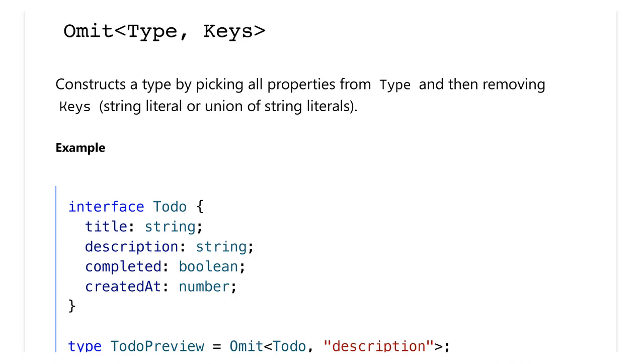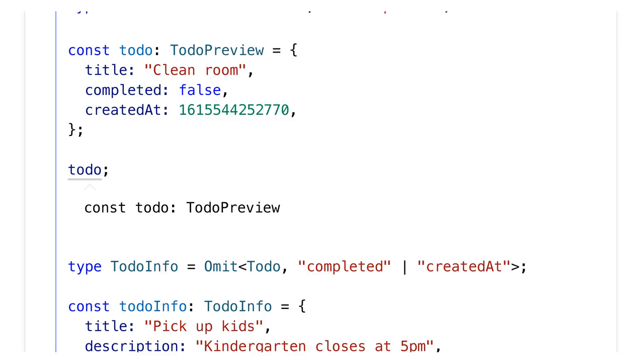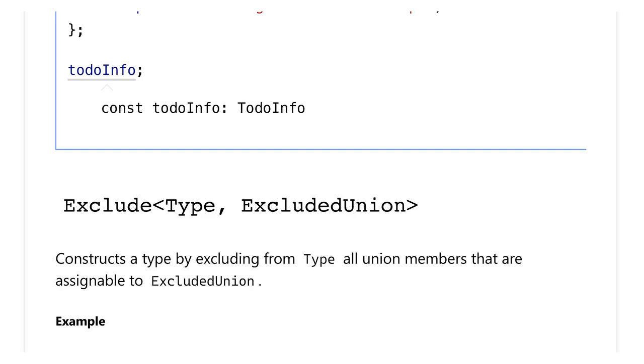Example: interface Todo { title: string; description: string; completed: boolean; createdAt: number; } type TodoPreview = Omit<Todo, 'description'>; const todo: TodoPreview = { title: 'Clean room', completed: false, createdAt: 1615544252770 }; todo. type TodoInfo = Omit<Todo, 'completed' | 'createdAt'>; const todoInfo: TodoInfo = { title: 'Pick up kids', description: 'Kindergarten closes at 5 p.m.' }; todoInfo.